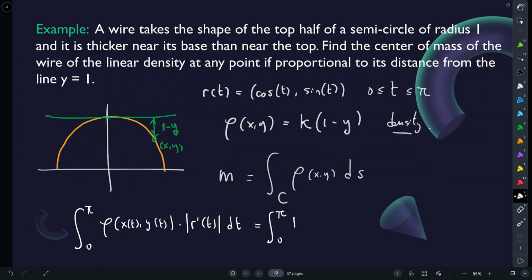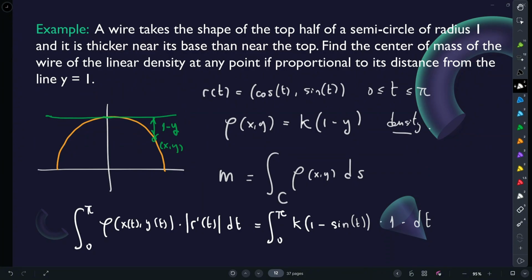So this is k times 1 minus y, which is sine of t, times the length of the tangent vector. We computed that that length is 1. It's the square root of minus sine squared plus cosine squared, which is sine squared plus cosine squared equals 1. Square root of 1 is 1. So the length of the tangent vector is 1, and then dt.